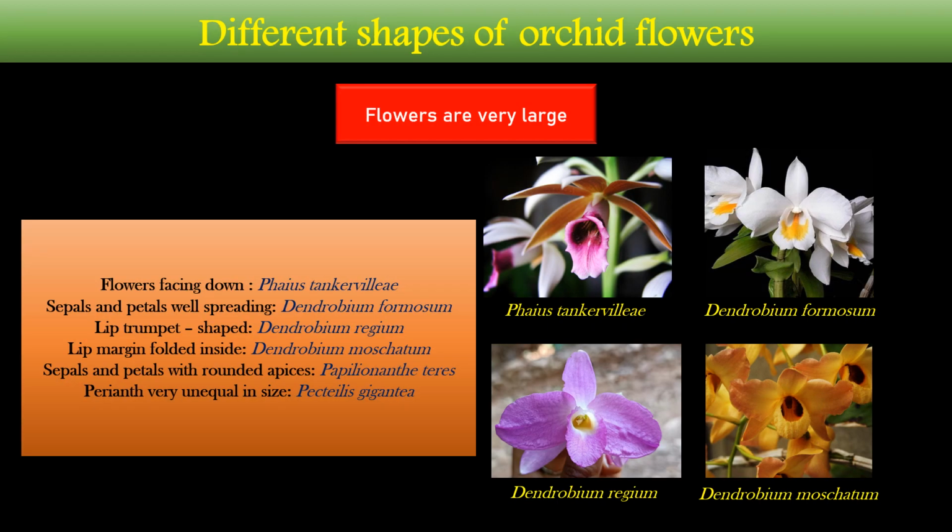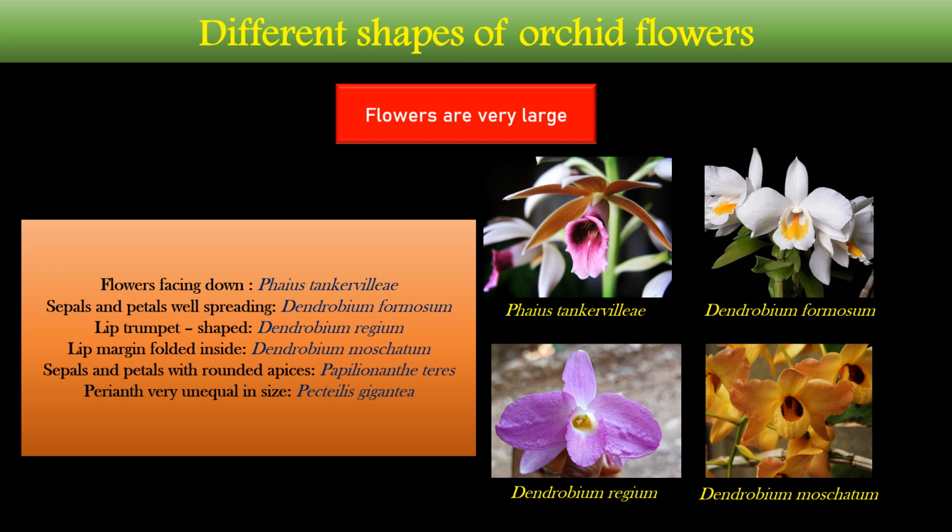Then we come to the different shapes of orchid flowers. From the shape of the flower, you can also distinguish the particular orchid. In Dendrobium species, the main characteristic is the branch, or stem-like structure, so you can distinguish Dendrobium from other species.